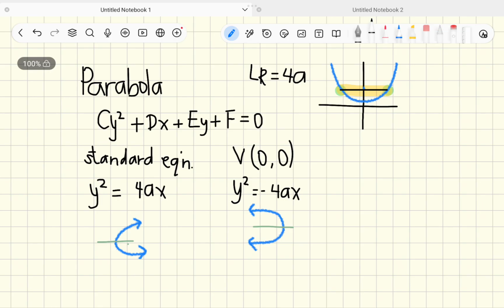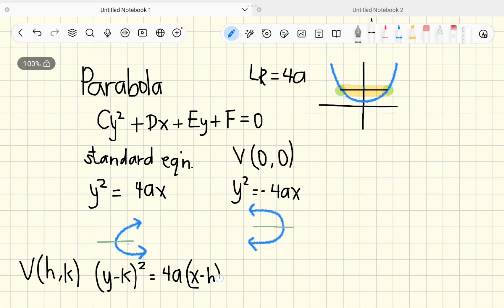How about if the vertex is at (h, k)? Predictably, this will be (y minus k) squared equals positive 4a times (x minus h).